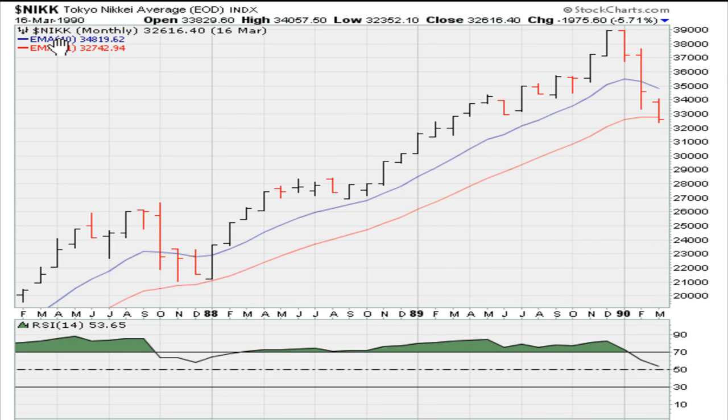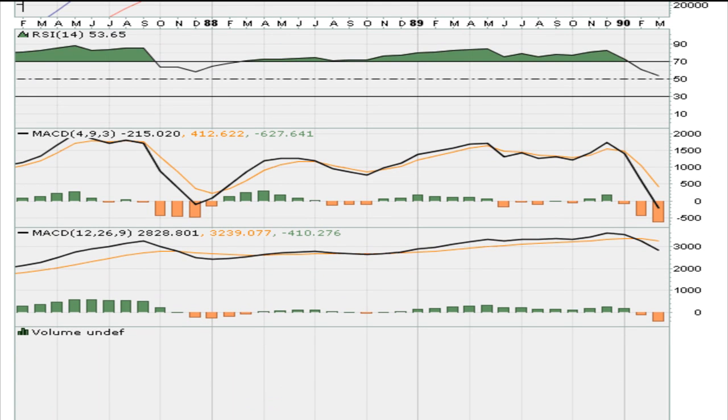And you can see now, by the time we move to March of 1990, the monthly has already broken down to 3-year lows. This is a major red flag right there, as the monthly RSI moved to 3-year lows. And as of that point, you can see that the MACD had moved to 3-year lows and also was moving below zero.